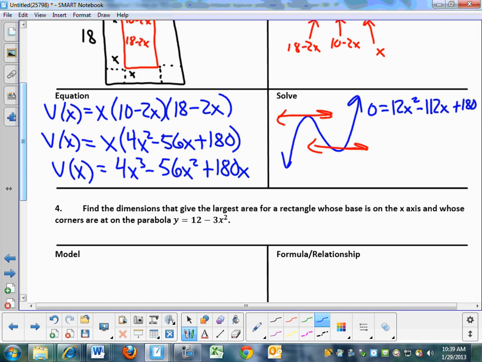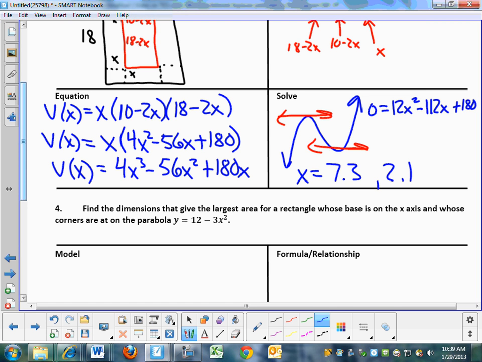What do you guys got? What are the two results you get? 7.3 and 2.1. Okay, now let's think about this, okay?